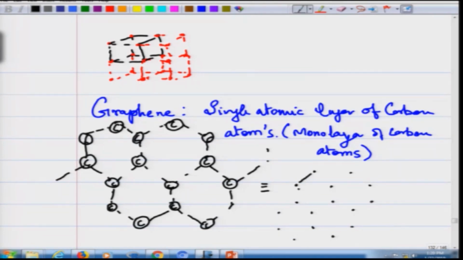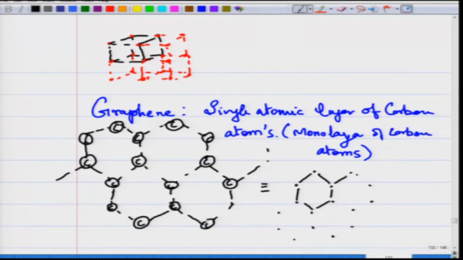I will form this lattice of points and then on each of these lattice points I put a carbon atom, and then I will get my graphene structure.